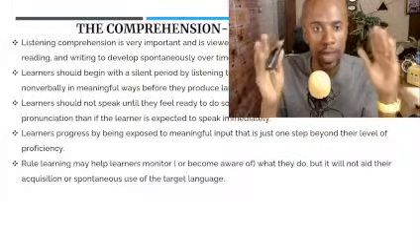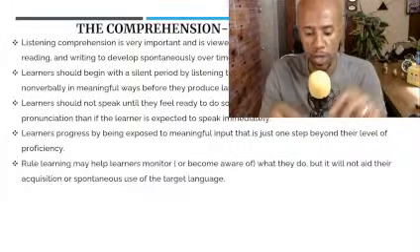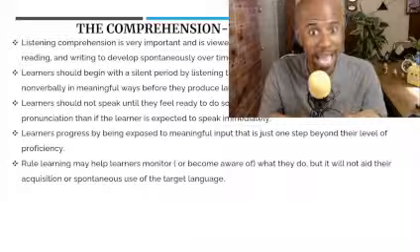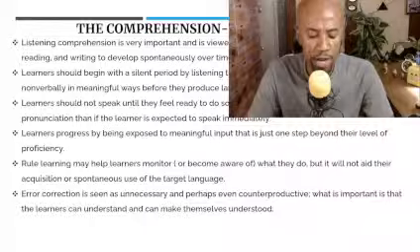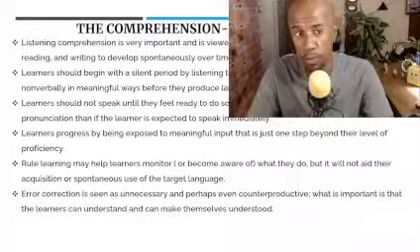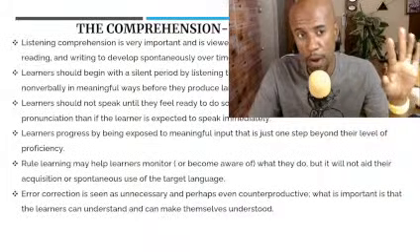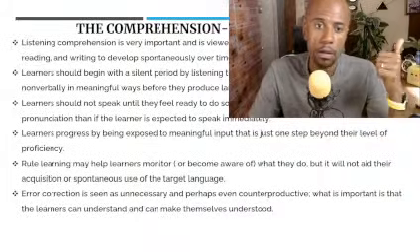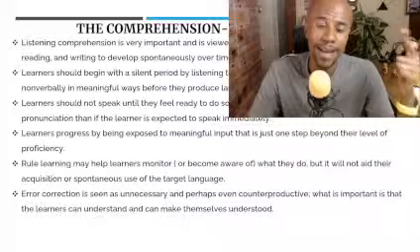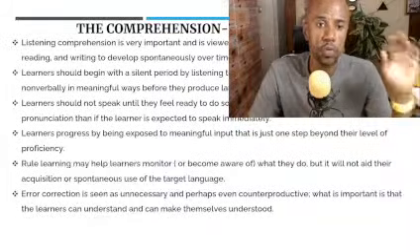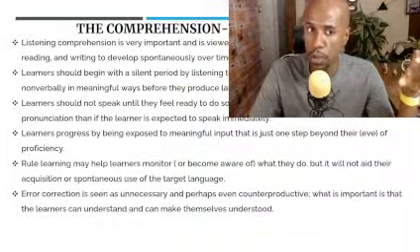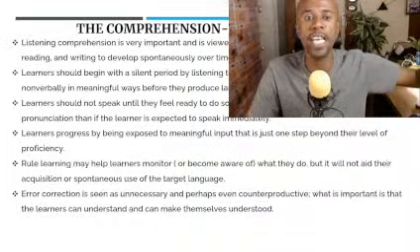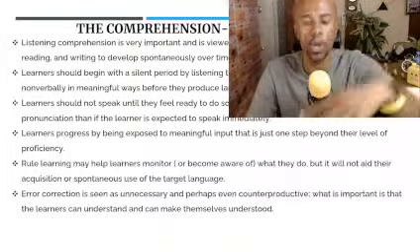I have a whole lecture devoted to Krashen and his SLA theory. Error correction is seen as unnecessary and perhaps even counterproductive, which is a bit different from the audiolingual approach and the cognitive approach, which both tell you that you have to correct errors so that eventually you eliminate them, because the focus is on accuracy.